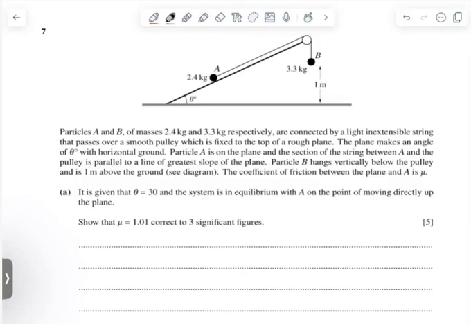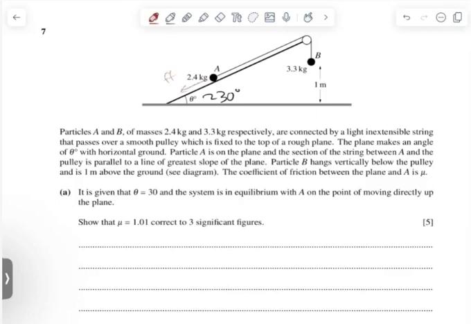The coefficient of friction between the plane and A is mu. It is given that theta is equal to 30 degrees. That's probably going to change in part B. Okay, it is given theta is 30. The system is in equilibrium with A on the point of moving up the plane. Okay, so that means friction acts down.